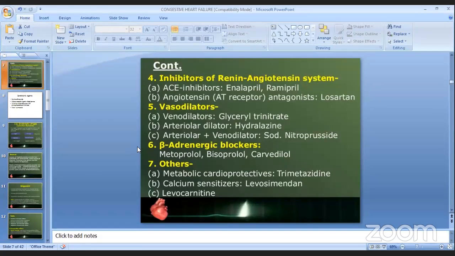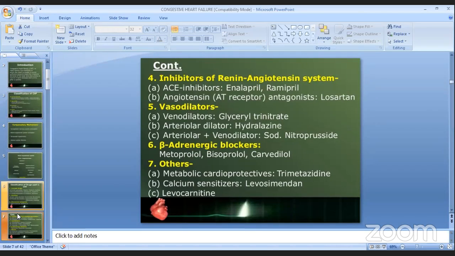Propranolol is a naphthalene derivative, and atenolol and metoprolol are all benzoxy derivatives. So these beta-adrenergic blockers are also used for the treatment of congestive heart failure. And now these are the drugs of choice.